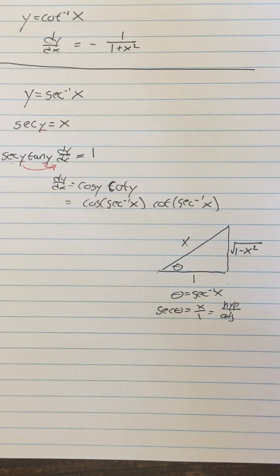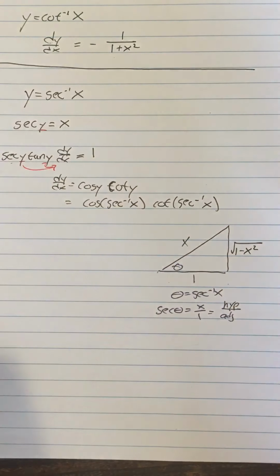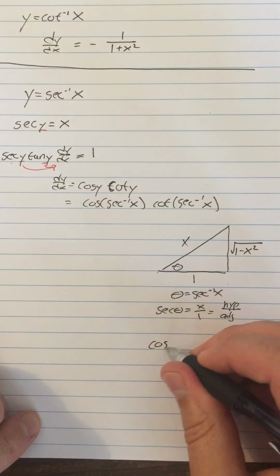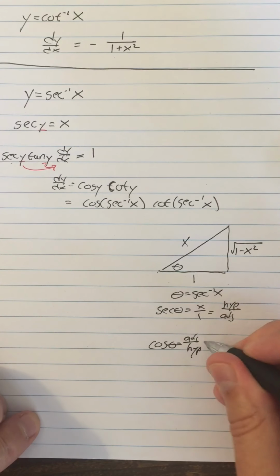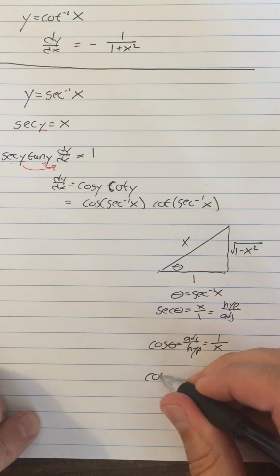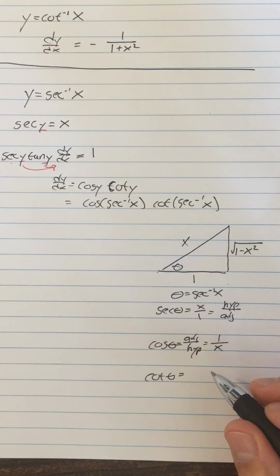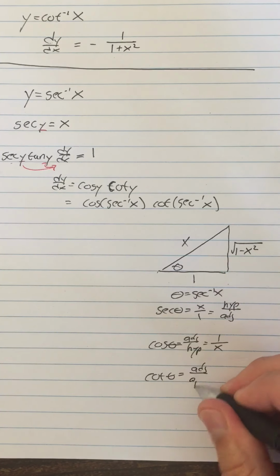Okay, so now I need two different things. I need the cosine of this angle, and I need the cotangent of this angle. I need to multiply them. So the cosine of theta is adjacent over hypotenuse. So that's 1 over x. And the cotangent of theta is adjacent over opposite, right? Opposite over adjacent, adjacent over opposite. Yep, that's right.